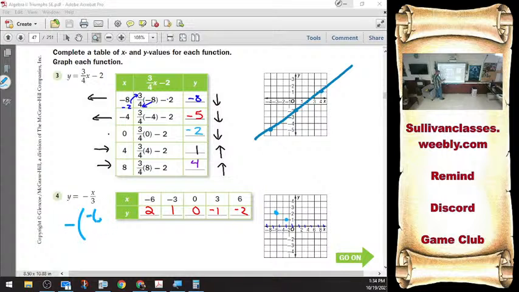When I put -6 over 2 like this is -3. Wait, why did I say 2? -6 divided by 3 is -2. So it's a -2.